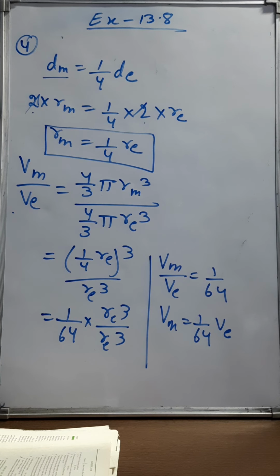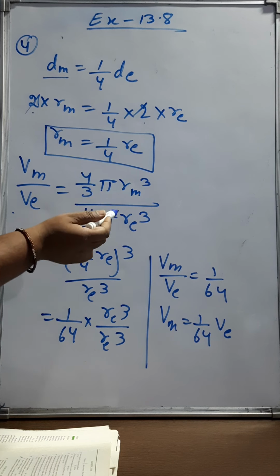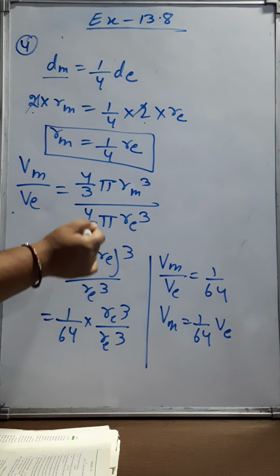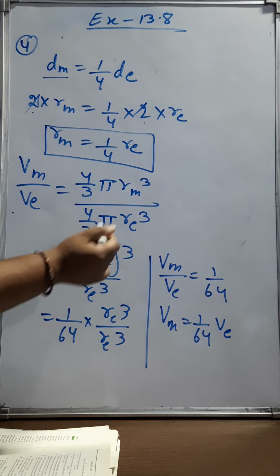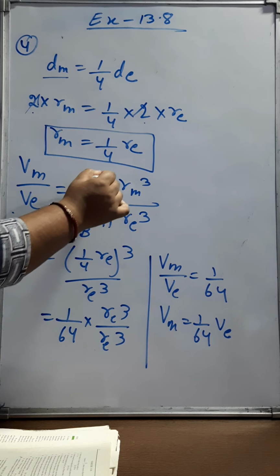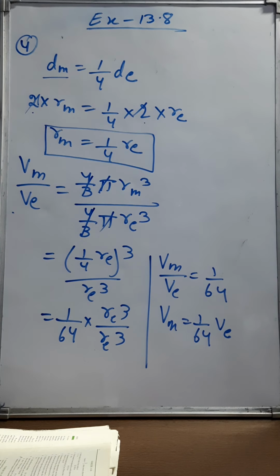Now let us calculate the ratio of the volume of moon and volume of earth. Both are spherical in nature, so we will apply the same formulas for both the volumes. It is 4 by 3 pi radius of moon cube divided by 4 by 3 pi radius of earth cube. 4 by 3 and pi will get cancelled.